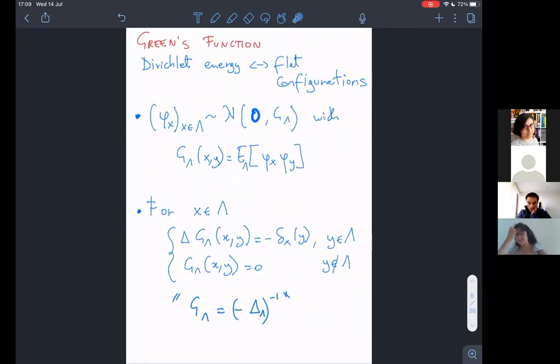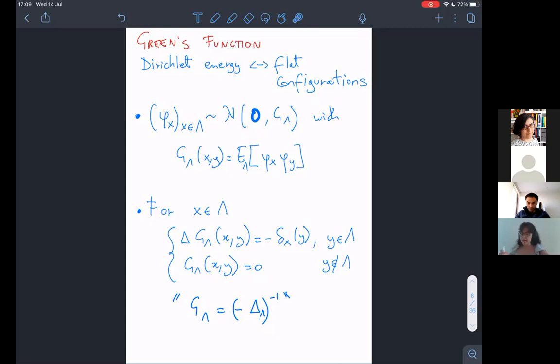The fact is that you can express the probability measure of the DGFF in another alternative way. And it is to say that essentially what you're sampling is a multivariate Gaussian on lambda, indexed over lambda. And this multivariate Gaussian has mean 0, the 0 vector, due to the 0 boundary conditions I set.